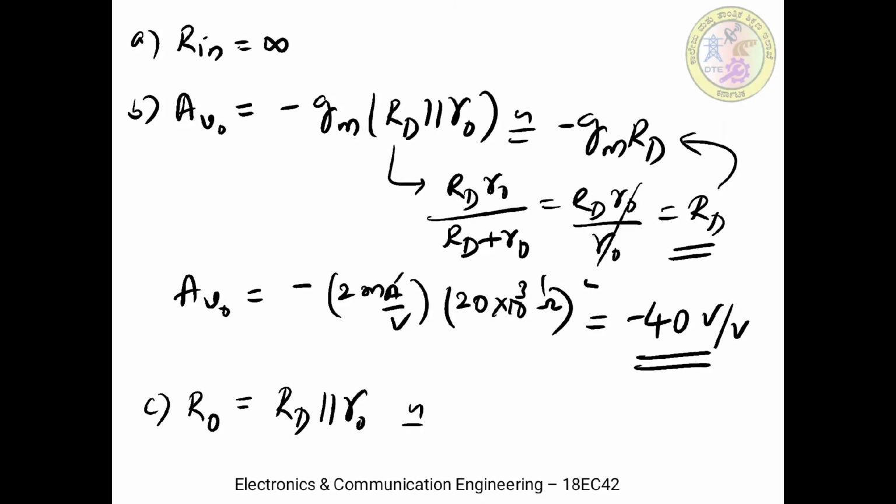But again this will be almost equal to Rd only, that is 20 kilo ohm. This is for the same reason. Take the parallel simplification of these two resistors, again it is going to give you Rd only, therefore output resistance is 20 kilo ohms.